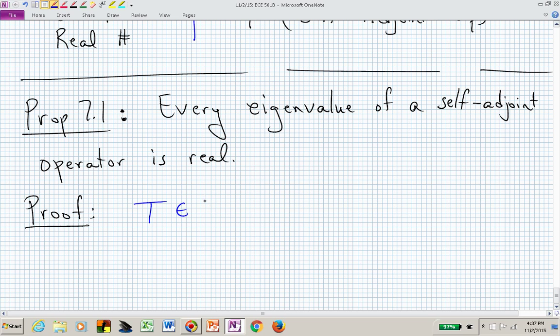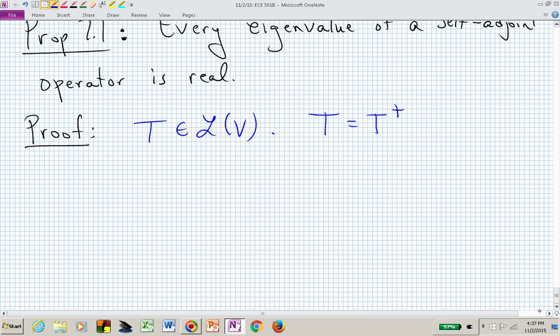Suppose now we have this linear operator T, and we're told that T is equal to its adjoint. It's a self-adjoint map. And now we need to show that the eigenvalues of T are real. If we're interested in eigenvalues, as a review for Wednesday, what's the eigenvalue-eigenvector relationship for a linear operator T?